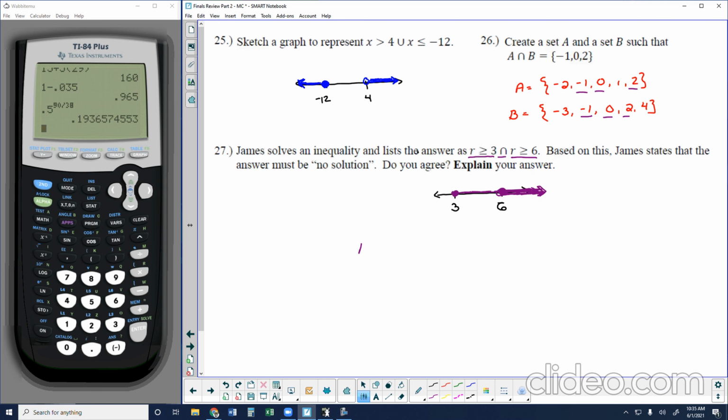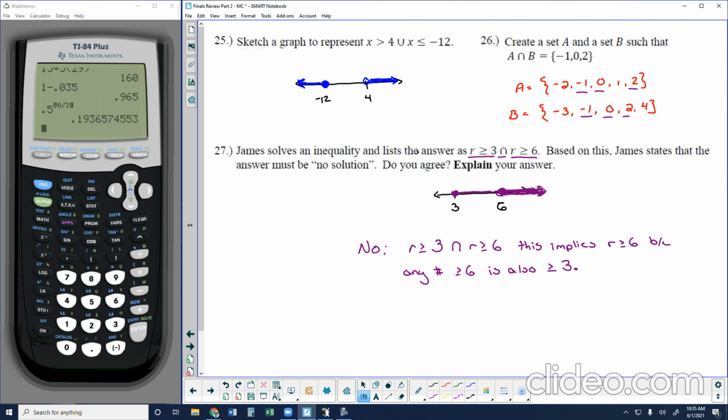So we would say that no, when r is greater than or equal to 3 and r is greater than or equal to 6, this implies r is greater than or equal to 6 because any number greater than or equal to 6 is also greater than or equal to 3.